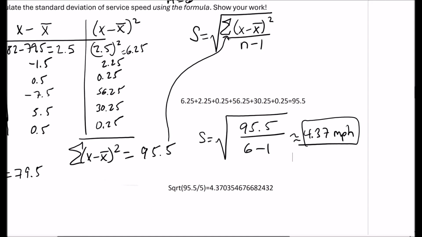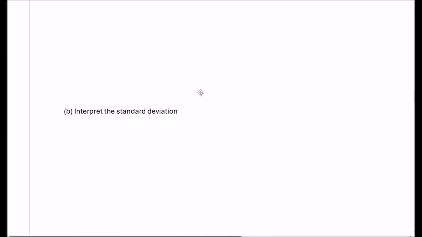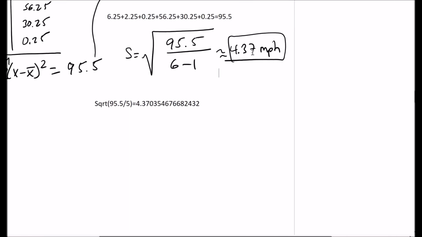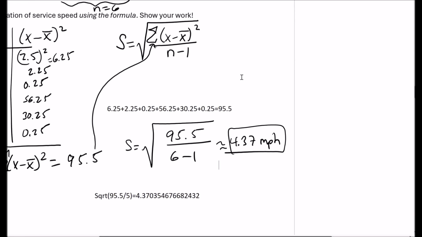Now let's take a look at the interpretation. So what does that mean? When you're interpreting the standard deviation, in this case we're talking about the speed, right? The speed of the serve, and this gives you the average distance from the mean.